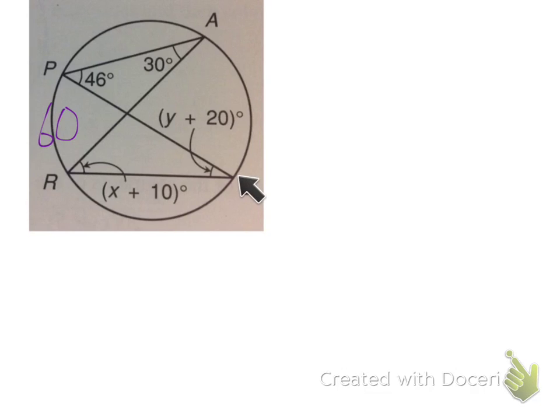Guys, inscribed angles are half the intercepted arc. It opens to 60, so that means 30 equals angle B. But angle B is y plus 20. Y plus 20 equals 30, so y will equal 10 when you subtract 20.